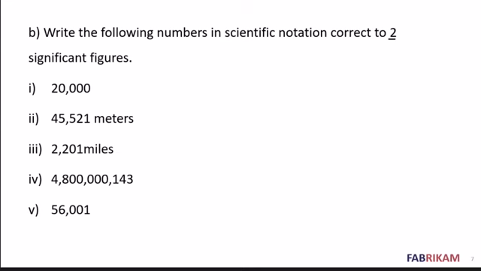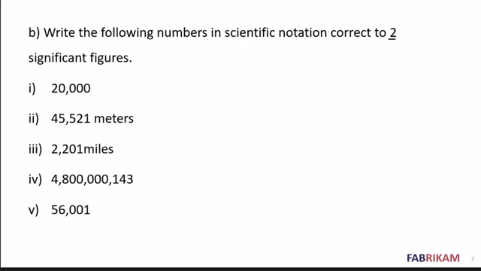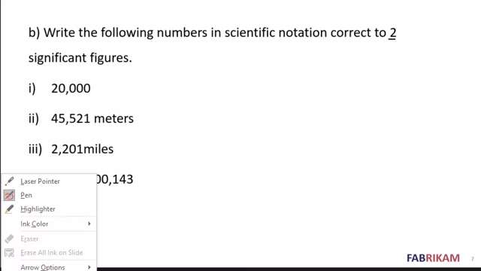There was a technical problem. 20,000 in scientific notation is going to be written as 2.0 times 10 to the power 4. That is correct to two significant figures. These two are the two significant figures.